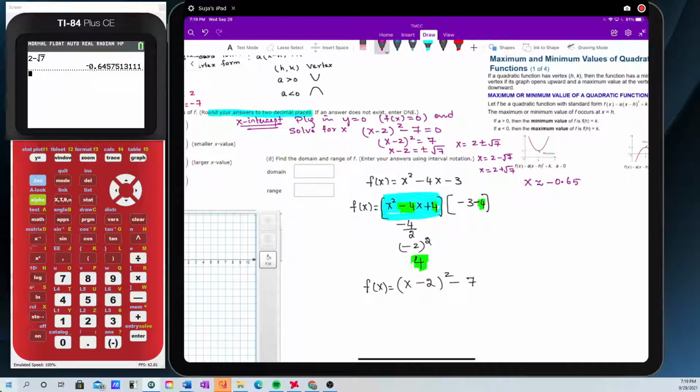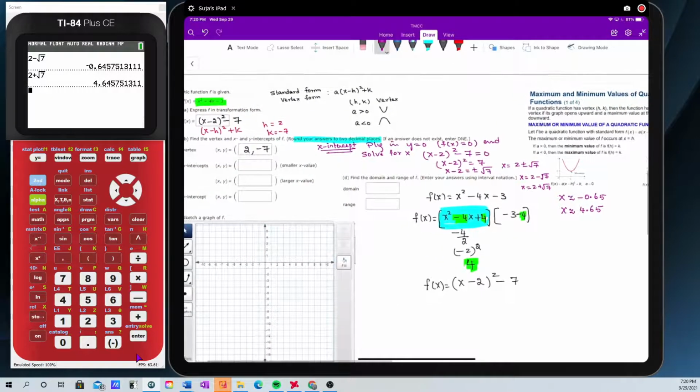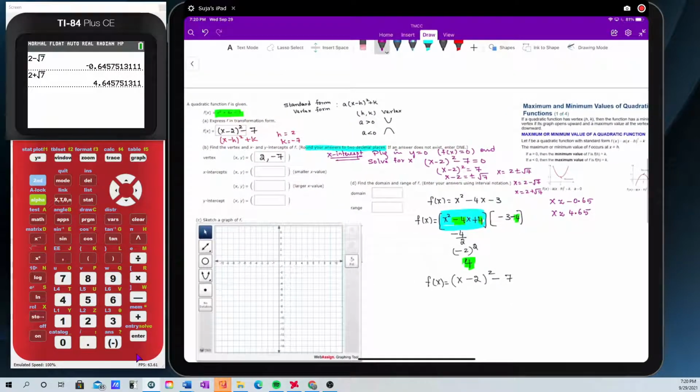And if I put the second one in, 2 plus root 7, we'll have x is approximately 4.65. So these two should be the answers, and I'd put the smaller value first: negative 0.65 here and 4.65 over here.